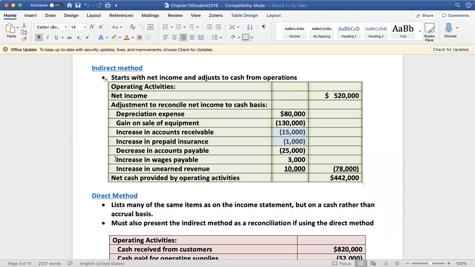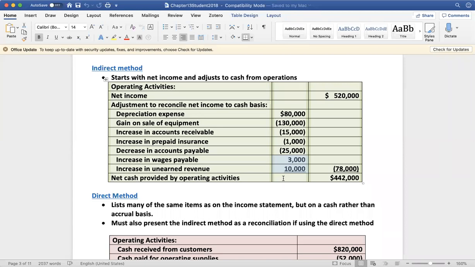And for any increase in current liabilities, we add it to our net income to reach our net cash provided by operating activities. The argument behind that is that if you have more current assets, then probably you paid more to get these current assets, or you haven't collected enough from your customers.